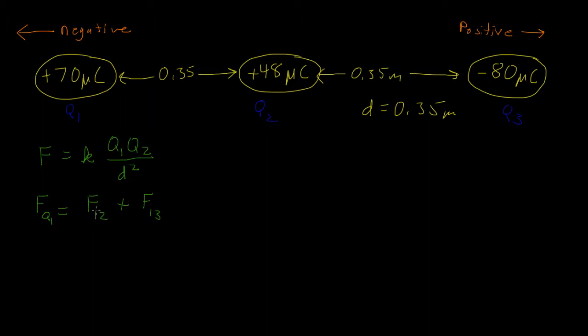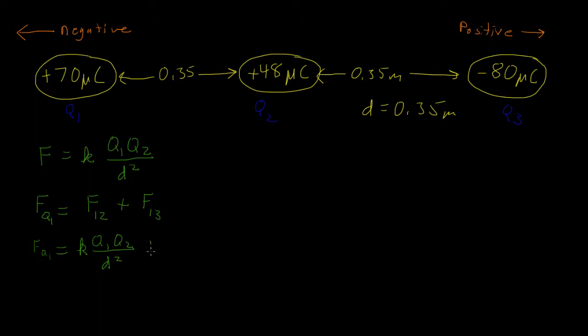So let's look at the force between 1 and 2. We're going to start out with K. We're going to multiply by Q1, Q2, and then we're going to divide by the distance between these two squared.